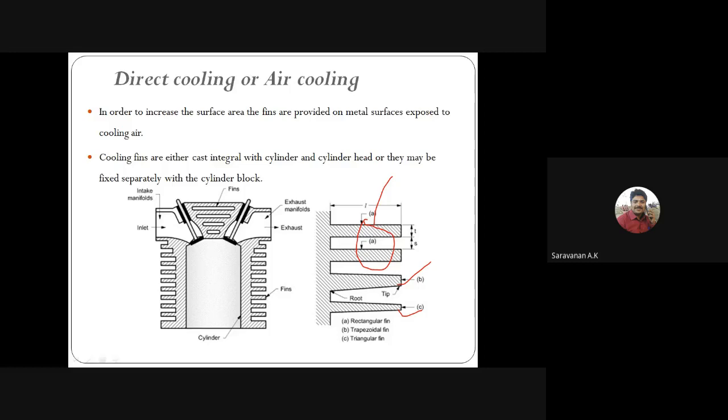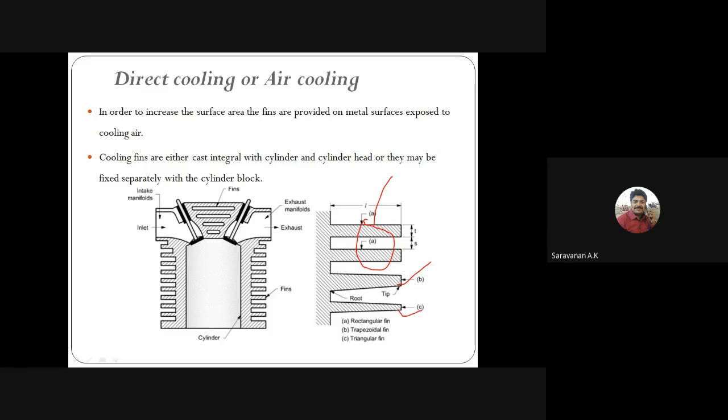So for every engine we have to have an optimized number of fins. We are not having too many fins, as well as the distance. So the number of fins is a very important term while designing the cooling system of the engine.